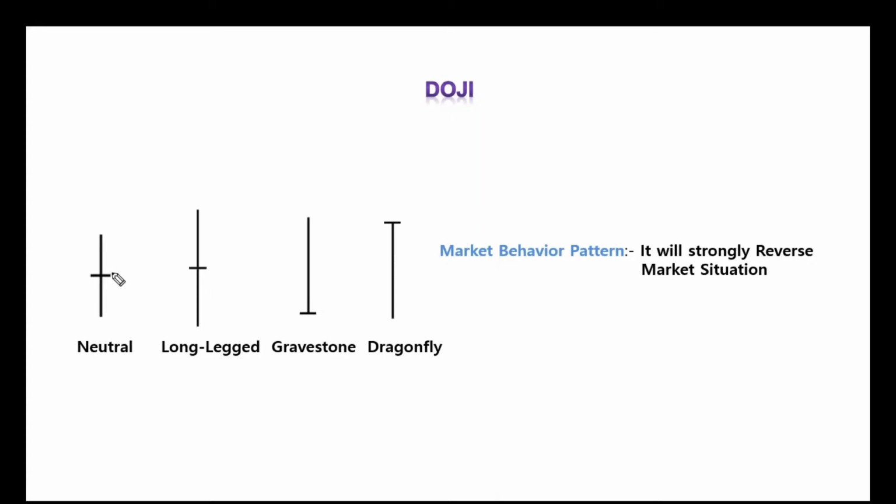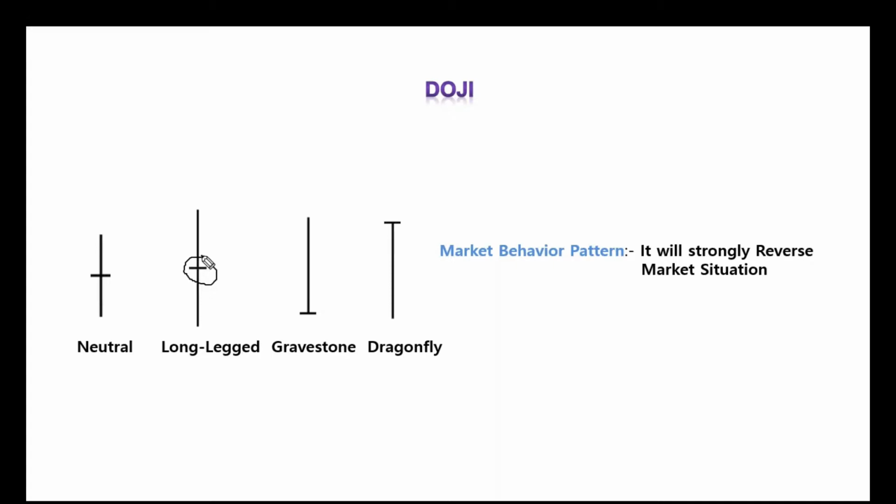The natural difference between the neutral and the long-legged is that the neutral one shows market uncertainty, but the market will still be trying to change the pattern for the short term. Now when the long-legged doji arises in the market, it will be changing the market scenario.